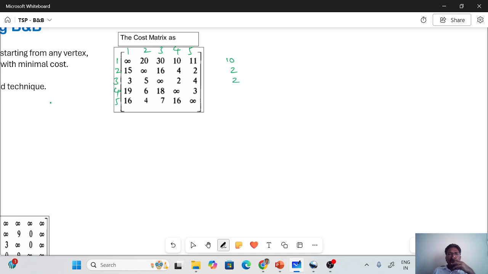Here? 3. Here? 4. Once you find those minimum values from the given cost matrix, you must subtract that value in that row. So the first row we have these values, and from these values we are going to subtract 10.